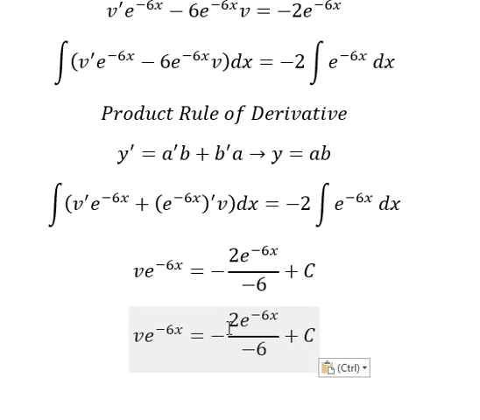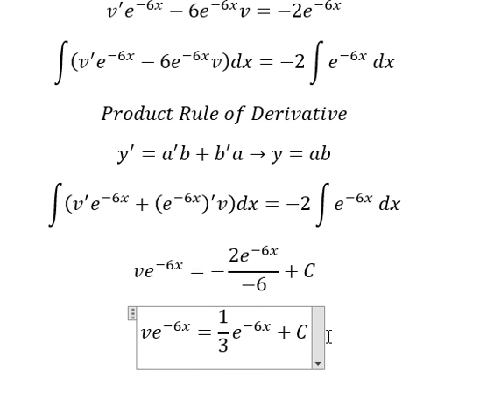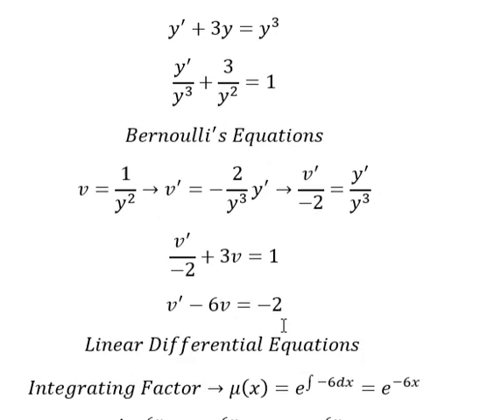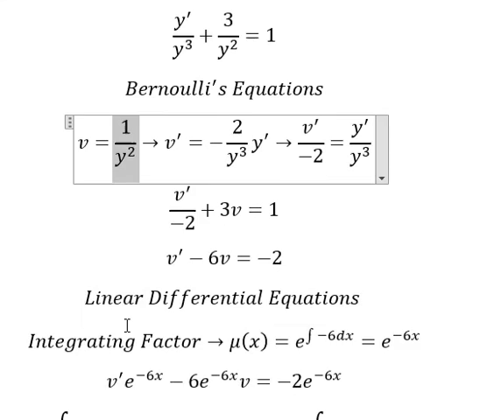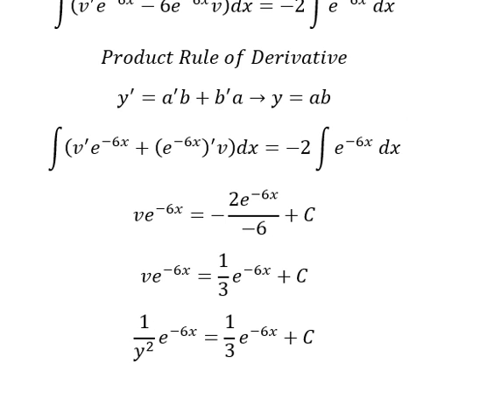So negative number 2 divided by negative number 6, that should be 1 over 3 e to the power of negative 6x. About v, that is this one. This is the end. Thank you for watching.